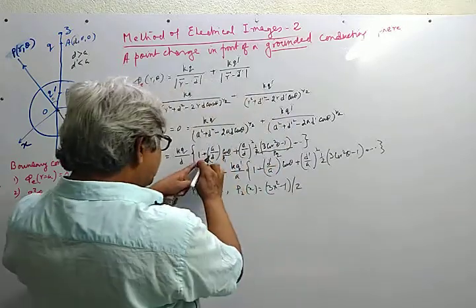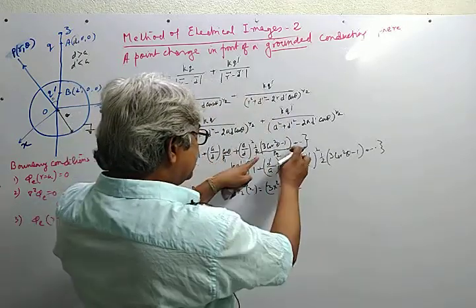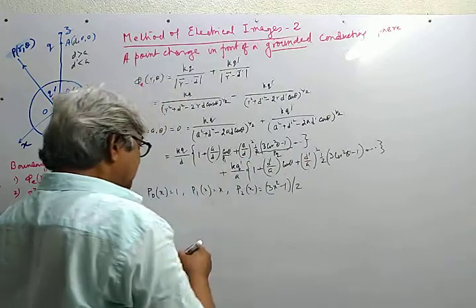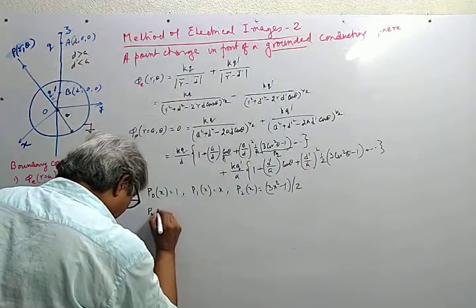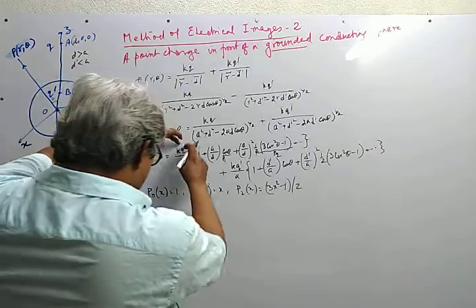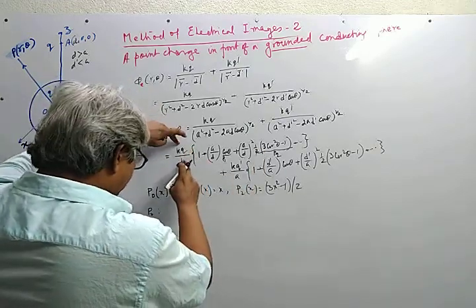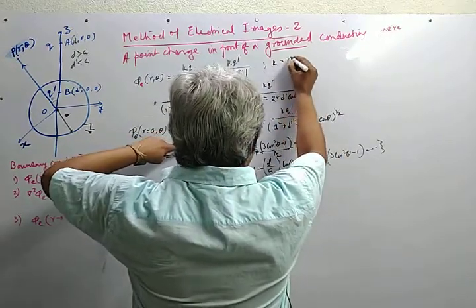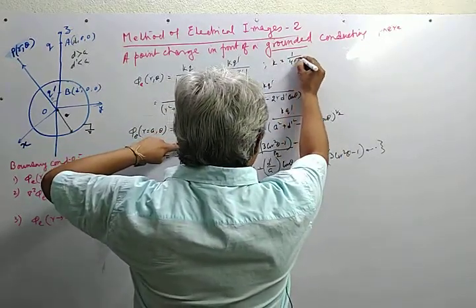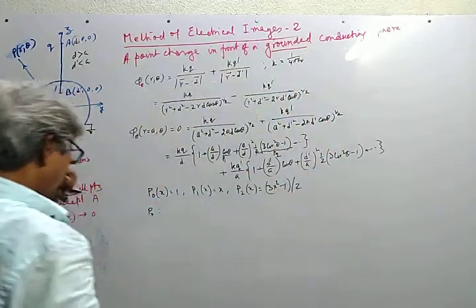So this is P0, this is P1, this is P2. The coefficient of P0 gives us, K is common, so we forget about K. So K is 1 upon 4 pi epsilon naught, the SI factor.